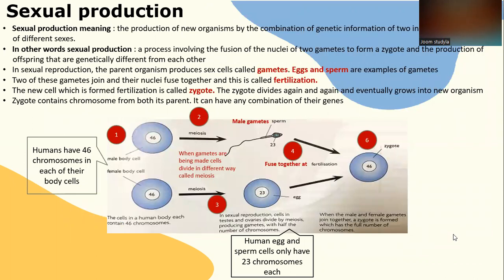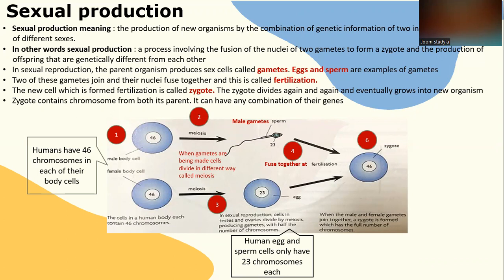Sexual reproduction. Sexual reproduction means the production of a new organism by the combination of genetic information from two individuals of different sexes.